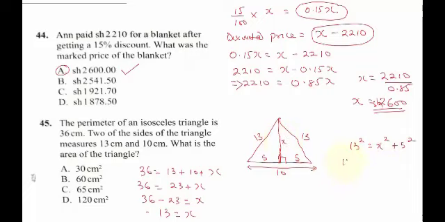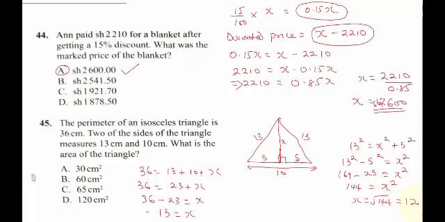So collecting like terms, 13 squared minus 5 squared gives x squared. This is 169 minus 25, which is 144, which is x squared. Therefore, x is the square root of 144, which is 12.